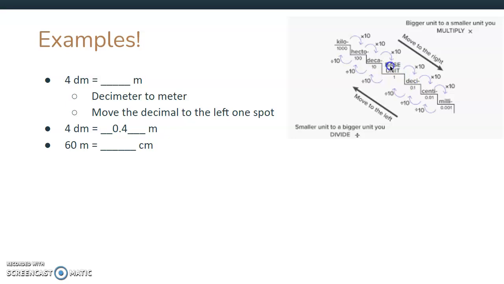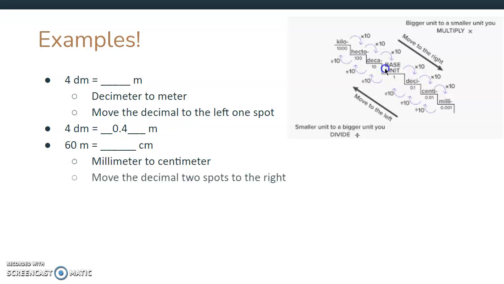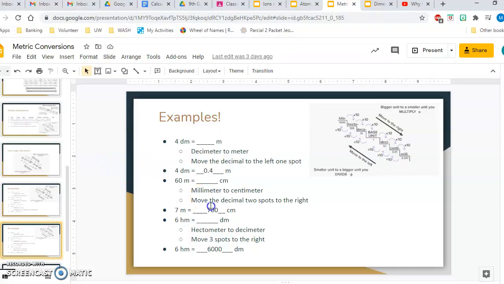Another example, we have 60 meters and we want to go to centimeters. So we're going down the staircase 1, 2, we're going to the right, so we can move our decimal point 2 spots to the right, 1, 2. Oh, I forgot to put the answer. Sorry, guys.